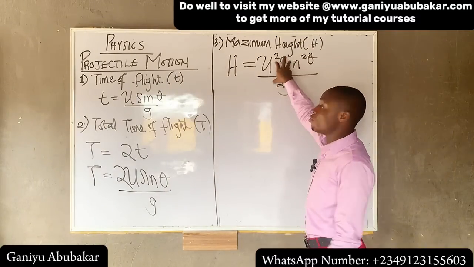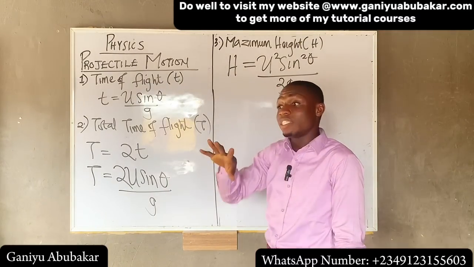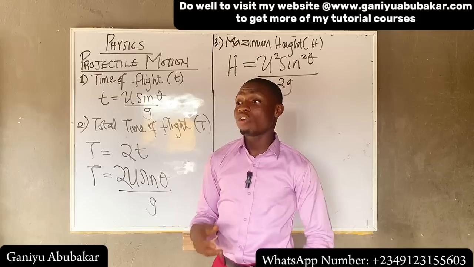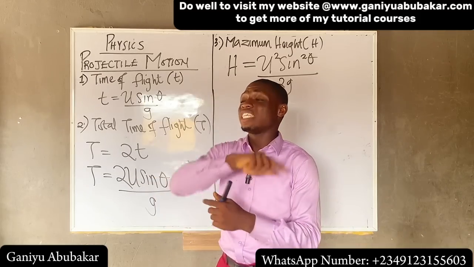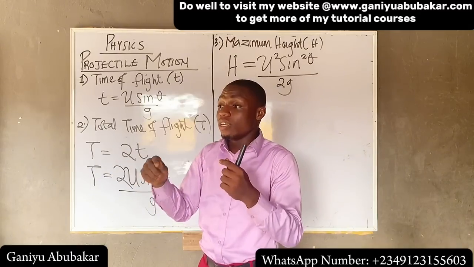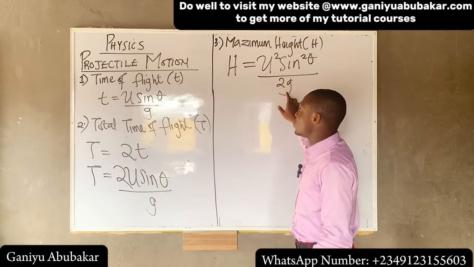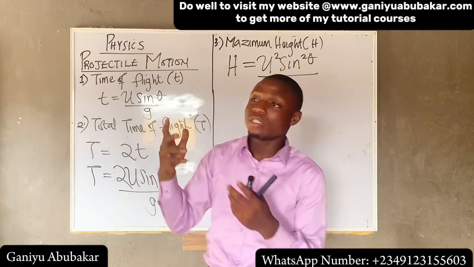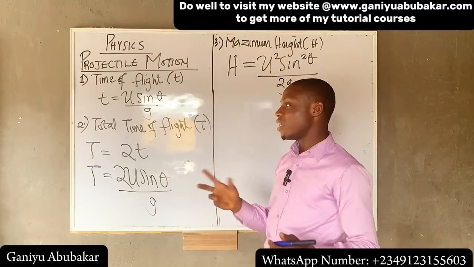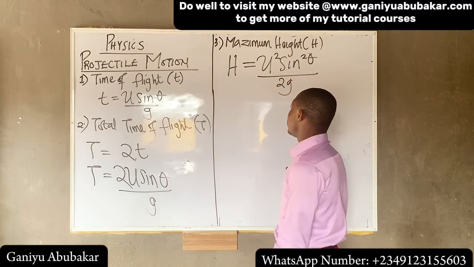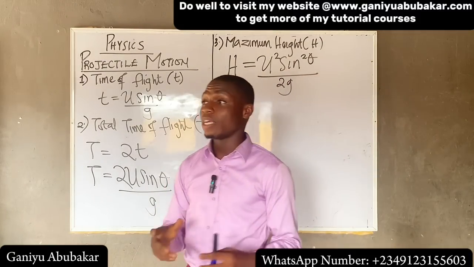When I checked, there was a mistake in the textbook. I showed her my own textbook too, and she showed me her other textbook. She then clarified that this is the correct formula. Most textbooks make slight mistakes in their writing or printing. So this is the formula for maximum height.